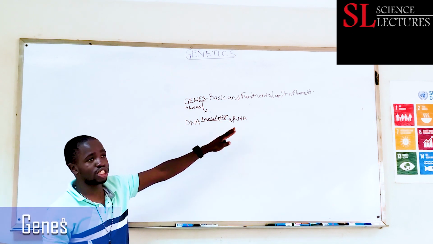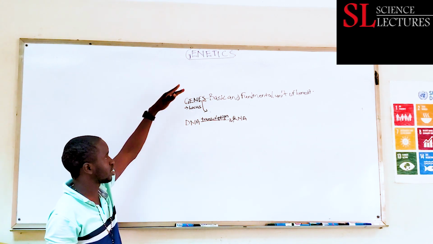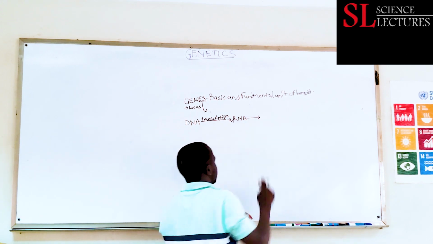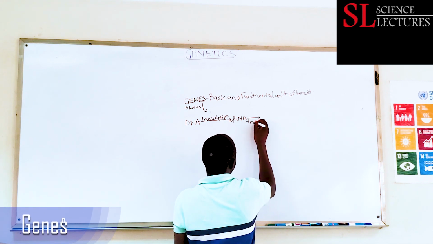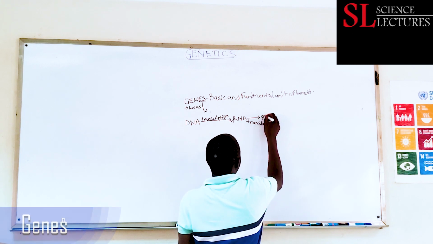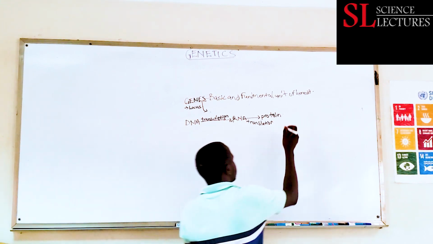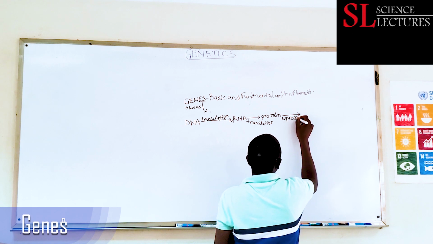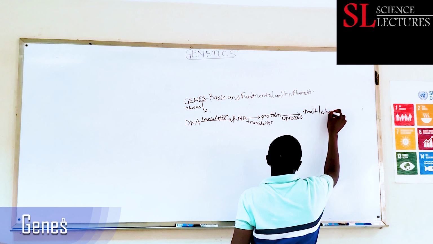This messenger RNA shall move out of the nucleus where we find the chromosomes, on which we have the genes, and it will move into the cytoplasm and undergo a process called translation, which leads to the formation of a protein. This protein shall be expressed to form a trait or a character.